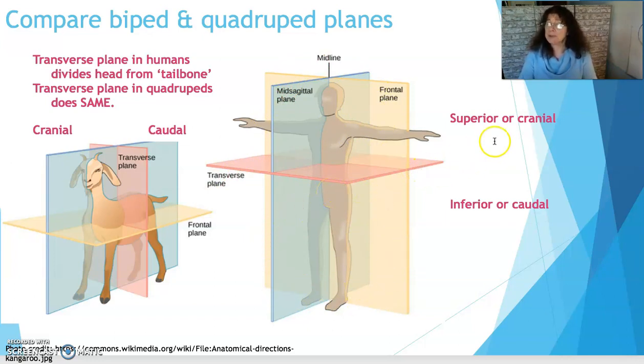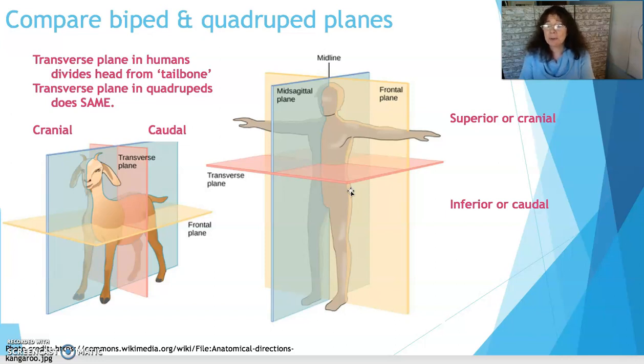And sometimes you will hear, instead of superior, you will hear cranial, as in cranium, around the brain, the skull. And instead of inferior, you may hear in humans, but not often, you may hear caudal, relating to the tailbone aspect of the human body below the transverse plane. Not often heard for humans, but when you get to the transverse plane in quadrupeds, that's where this becomes important.